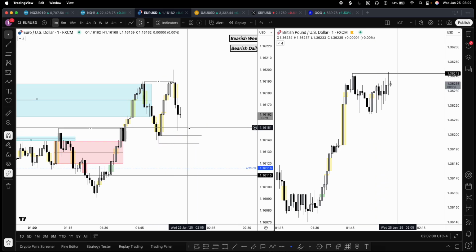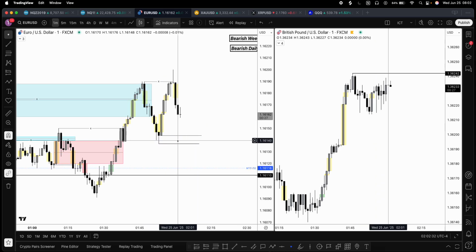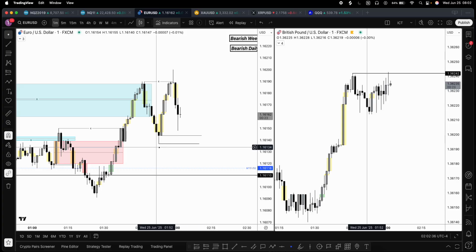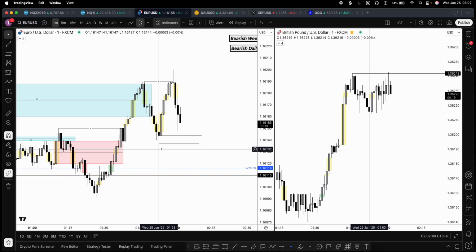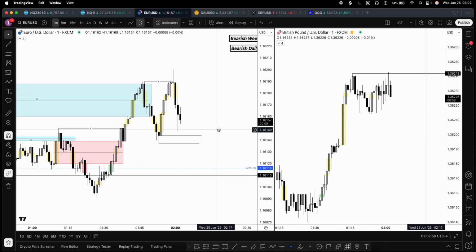So I'm waiting for a close below there. And then I'm waiting for a market structure shift, which is just going to be price breaking this low. It doesn't have to close below it, but it does have to close below this blue line. So it has to close below the blue line, and it has to move below this black line.